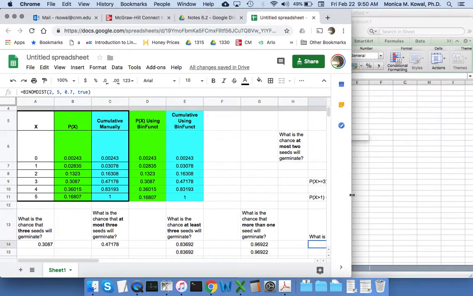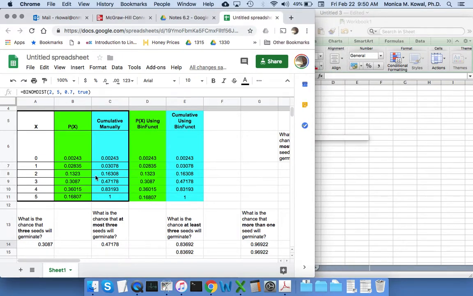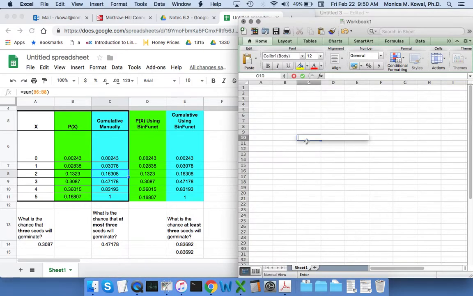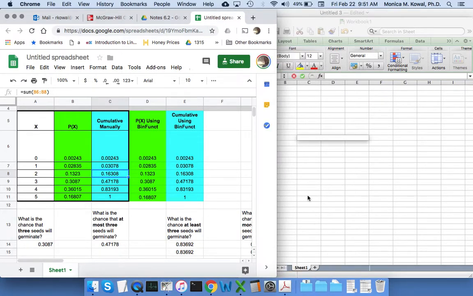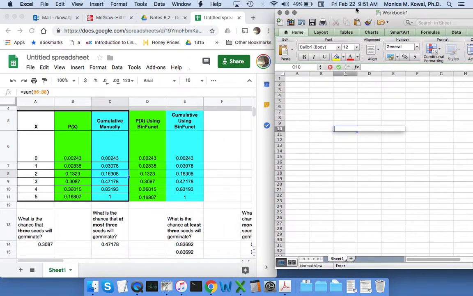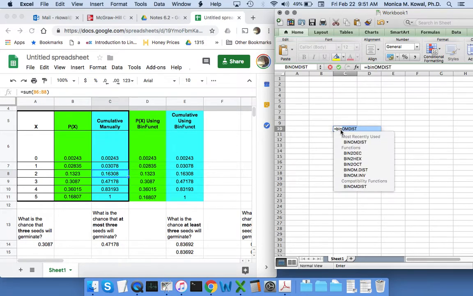If you come over here, it's just written differently. So look at this case here and here. If we wanted to find the individual probability that only 2 seeds will germinate, it'd be binom dist.